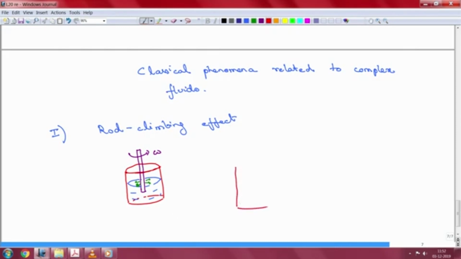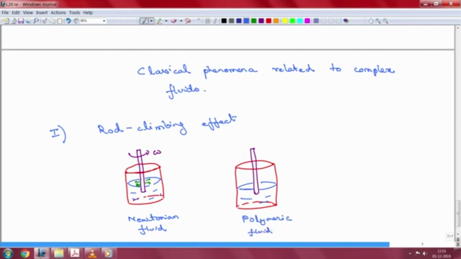But let us say you instead have a beaker full of a polymeric fluid. So, this is a Newtonian fluid, and this is some polymeric fluid. I am using the example of polymeric fluid deliberately. It need not only be a polymeric fluid, but I will show you an experimental result from our lab which relates to polymeric fluids.